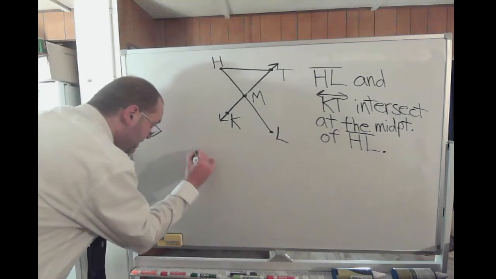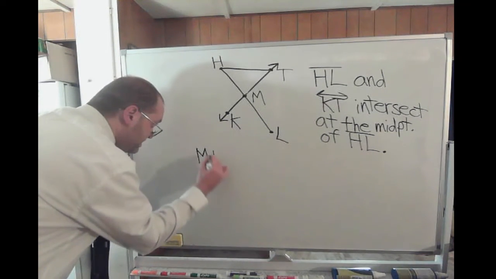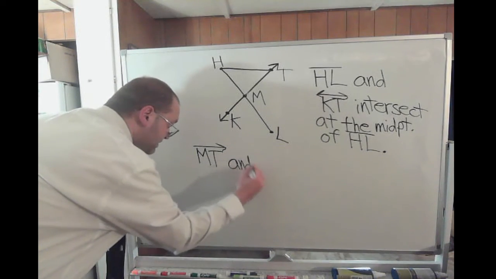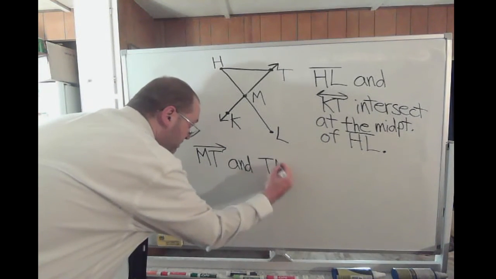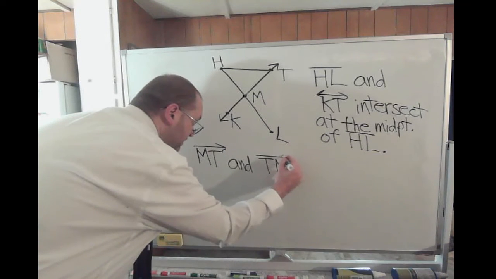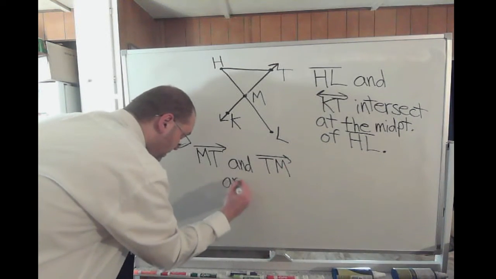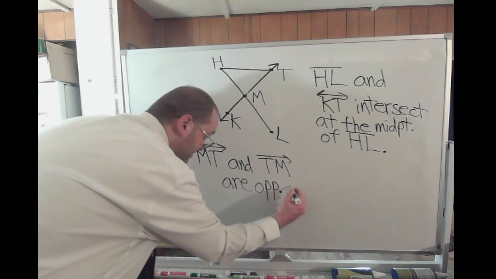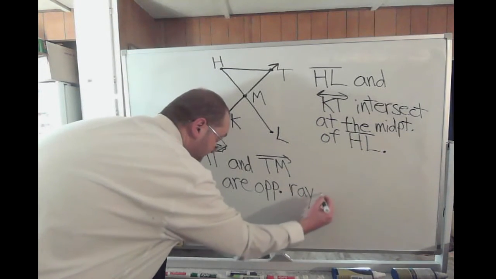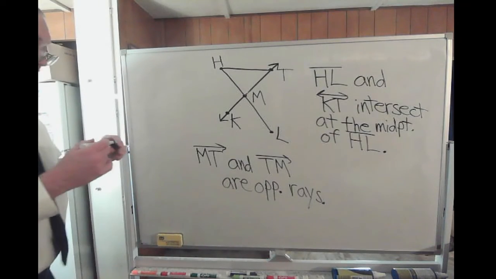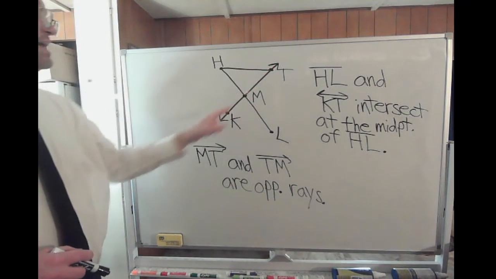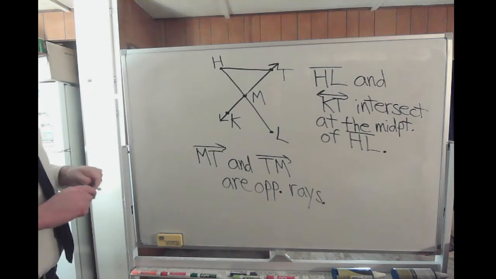Alright. Ray MT and TM are opposite rays. Let's take a look at this here. Ray MT and TM are opposite rays.